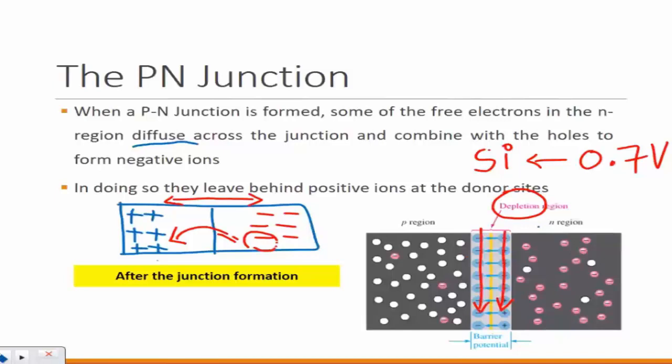Again, when you test in the lab, you're not going to read 0.7. This is a theoretical value that we use for mathematical analysis. Everyone will read different. Someone will read 0.65. What that means is, this barrier potential is worth 0.7 volts.